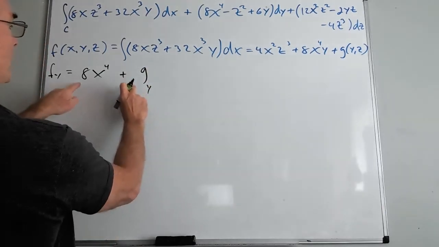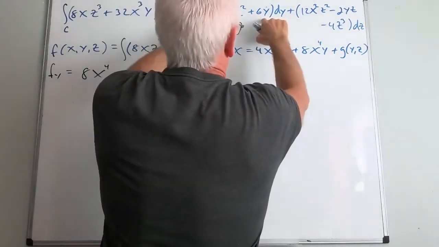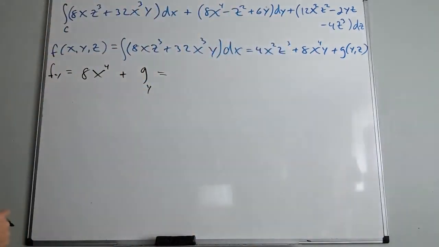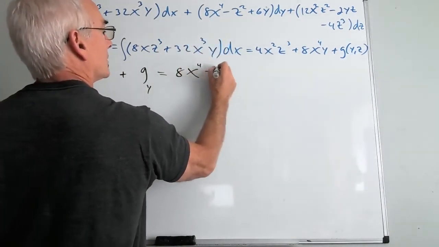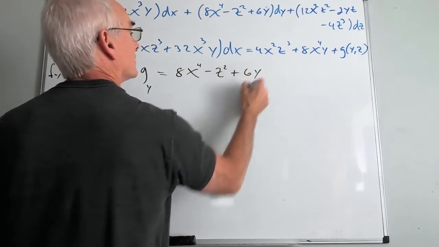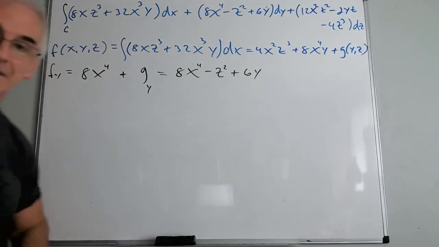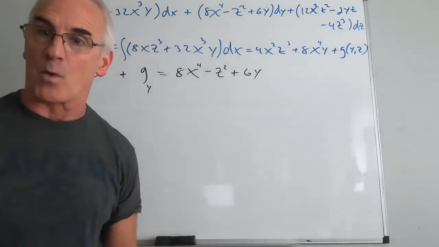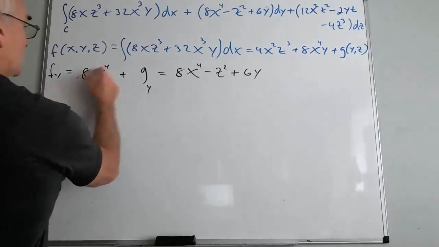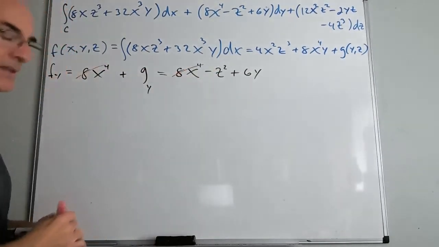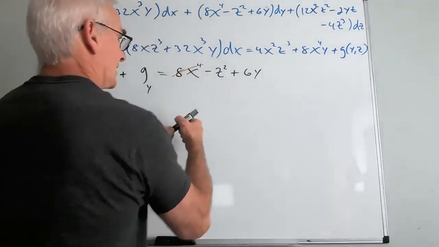Now, what do I do with this? I equate this with this. Okay, so I'm going to set it equal to that stuff. Well, beautifully enough, and if I did it right, everything that does not have a y or a z in it has to cancel. And that only is this term. So this says, well, the partial of g with respect to y equals this.